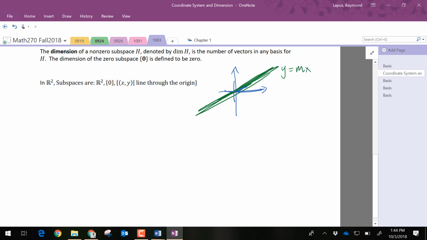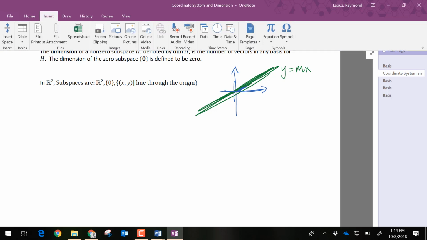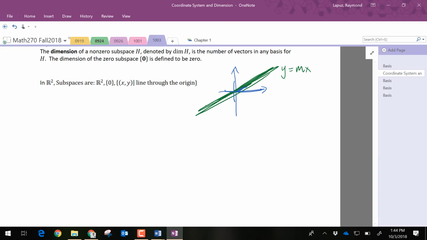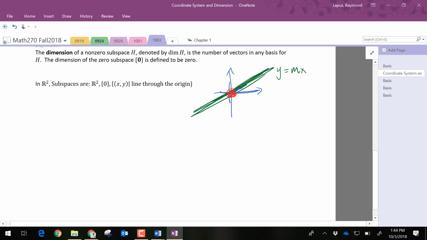So let's take a look at an example, a line through the origin, and I can find a vector in here. What would that vector be? It would be y over x, m over 1, m, 1, right?